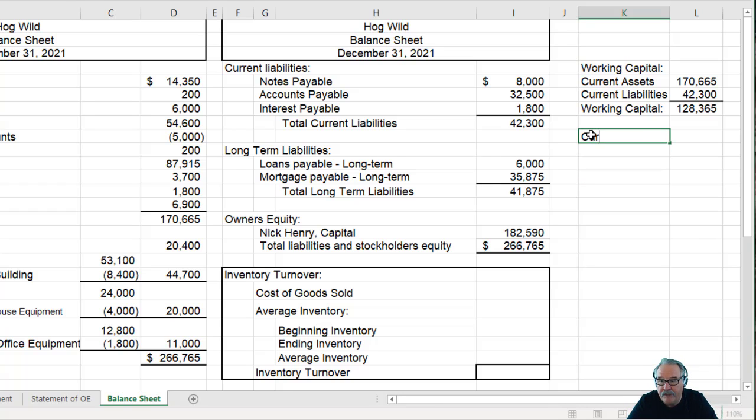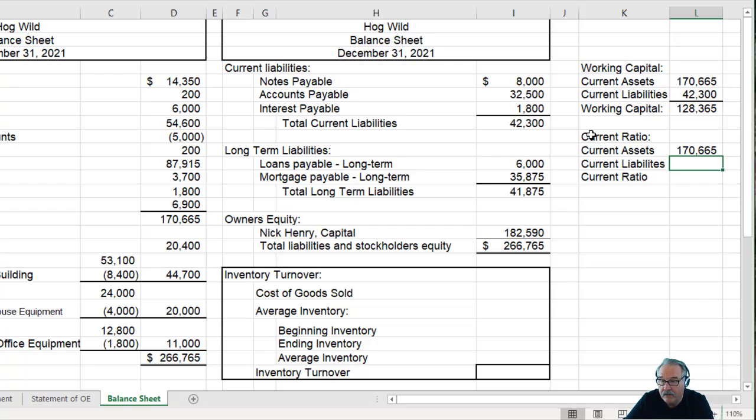And the current ratio is current assets divided by current liabilities. So again, current assets, $176,665.